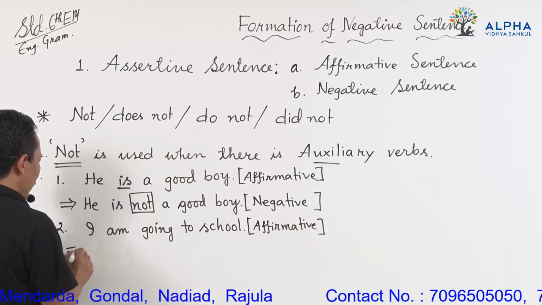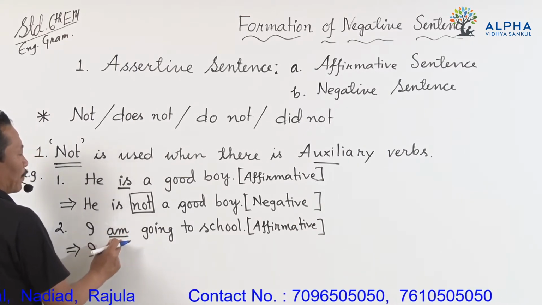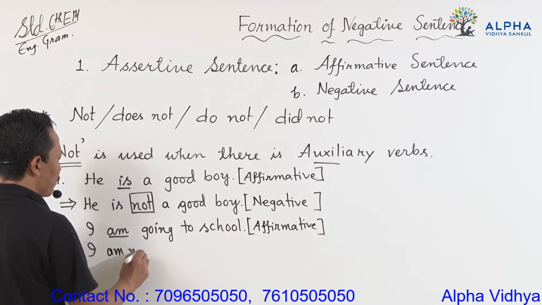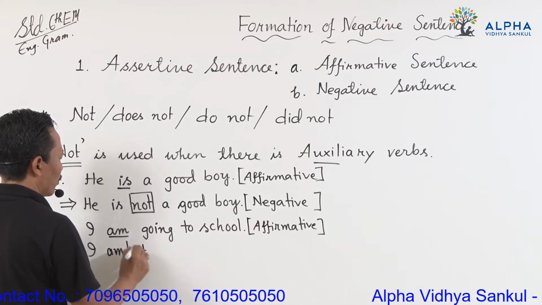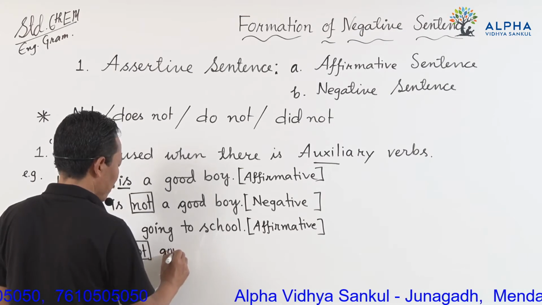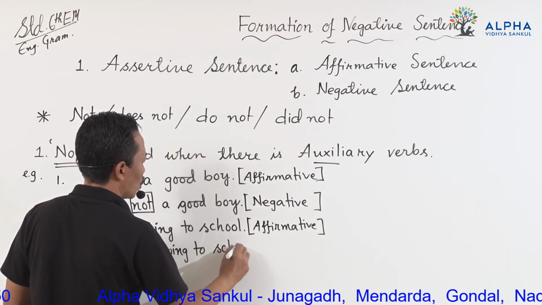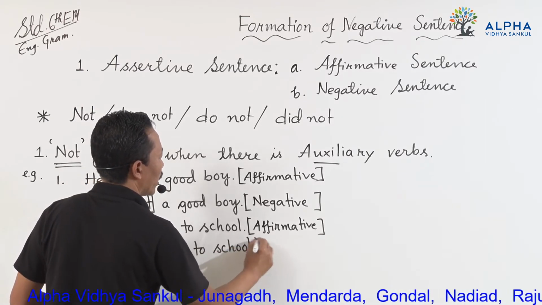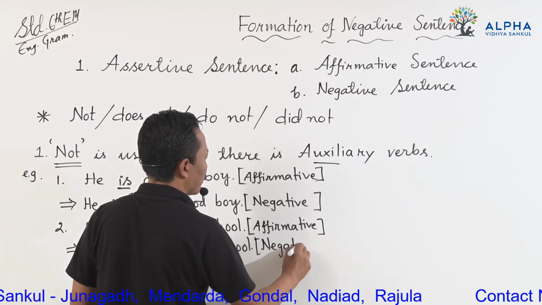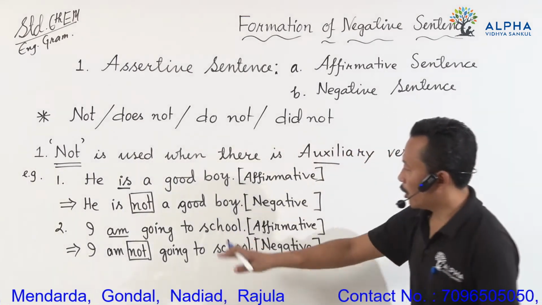If we need to change it to negative, here am is there. Just after am we have to put not. I am not going to school. So it becomes a negative sentence. See, very simple, students.